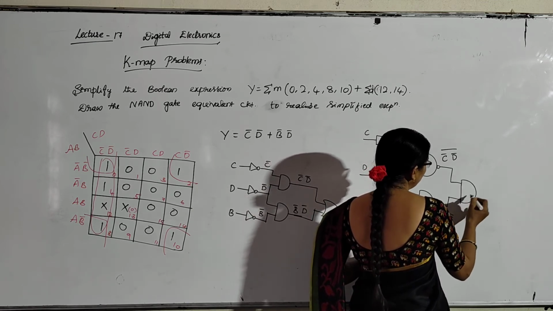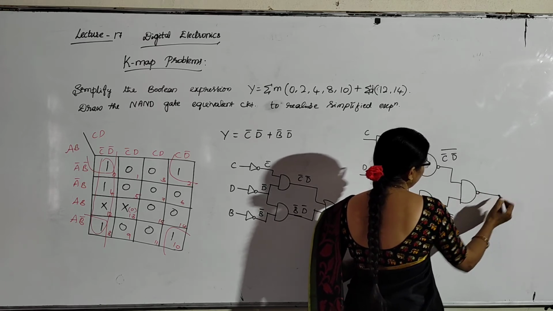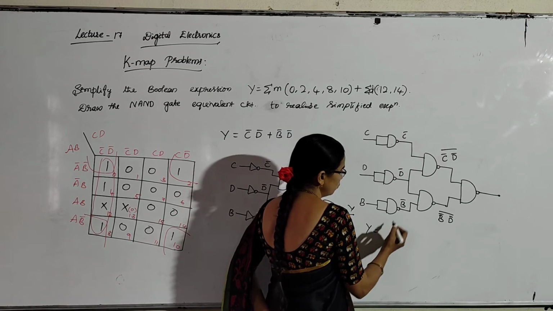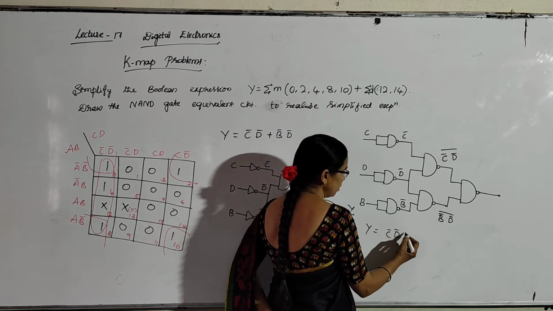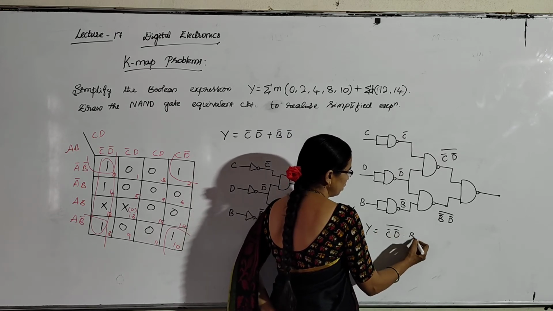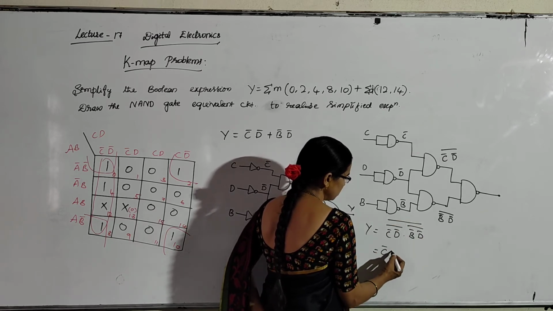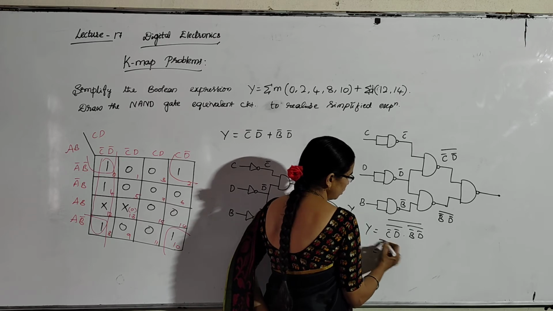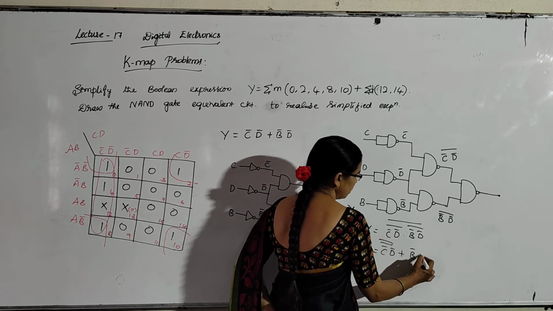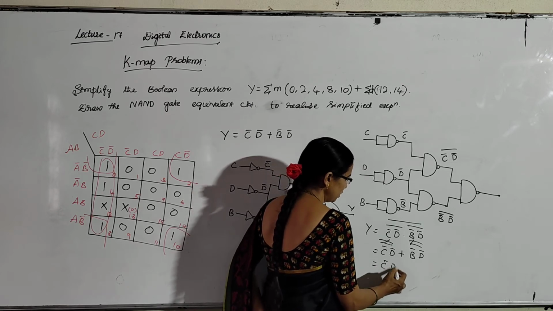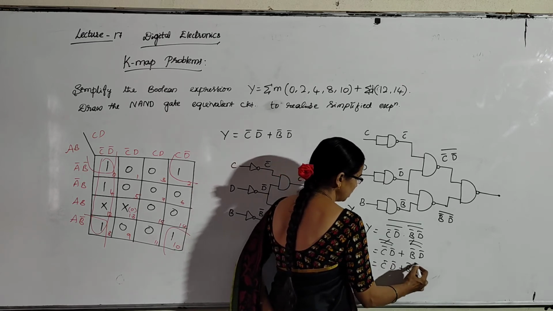If I put one more NAND gate, what will be the output of the last gate? Y is equal to C bar D bar whole bar into B bar D bar whole bar. So it will be C bar D bar plus B bar D bar, since the two bars get cancelled.